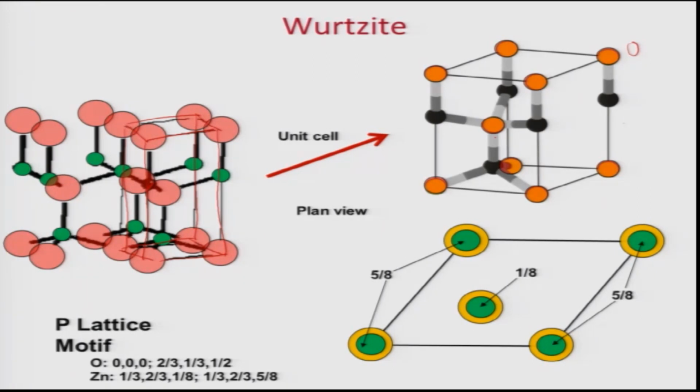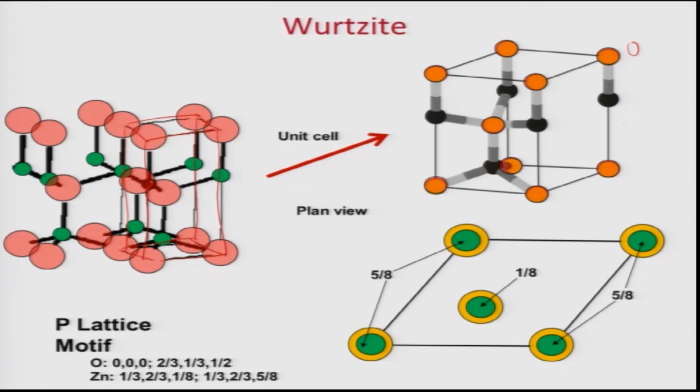So, you can see the top view, this is the unit cell made by orange or yellow sort of atoms, and tetrahedral voids are located at 5 by 8 on the edges and 1 by 8 within the body. So, it is a primitive lattice with motif being at 0 0 0, 2 by 3, 1 by 3, half.